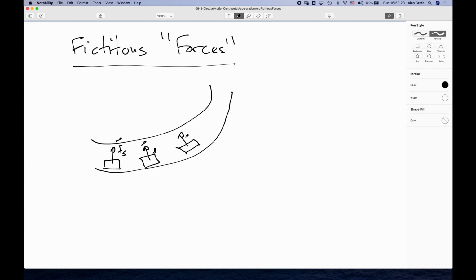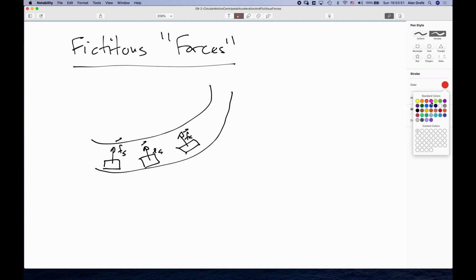Probably not much in the way of any banking, just because most roads that we drive down aren't really banked very much, just enough to let water run off them. So anyway, the force of static friction is turning the car around, but let's look at you.